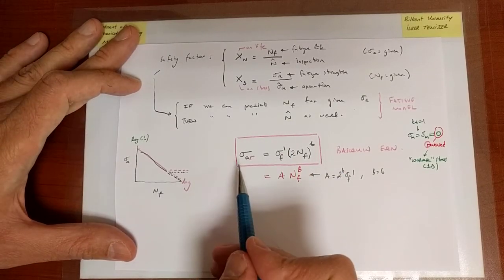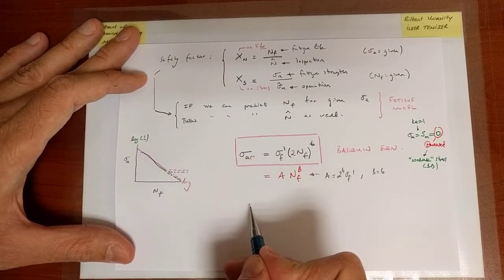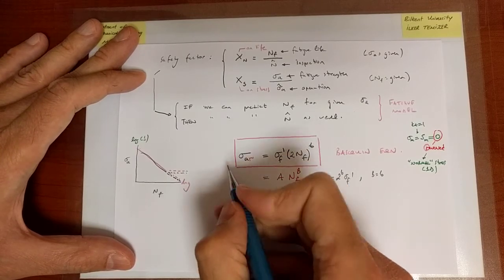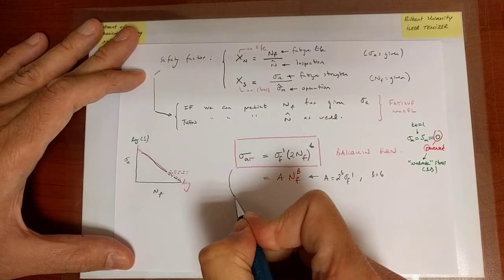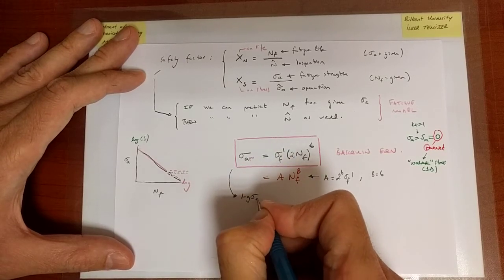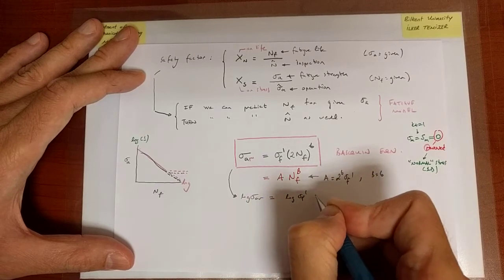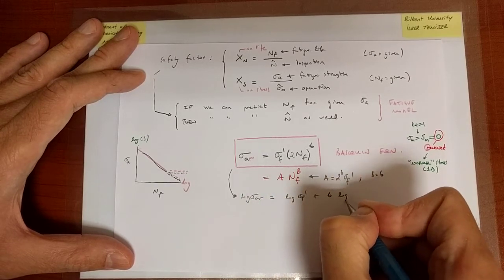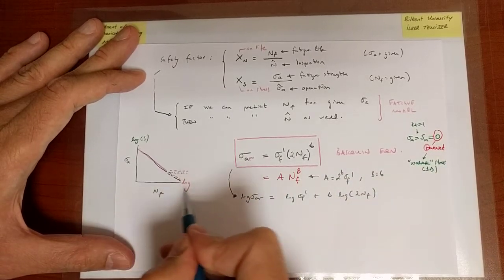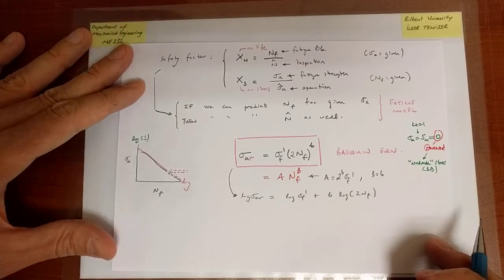And what matters, again, remember, when I take the log of both sides, then I will see a relation: log sigma_aR equals log sigma_f prime plus b log 2N_f. A linear relation between the log of the stress amplitude and the log of the fatigue life.